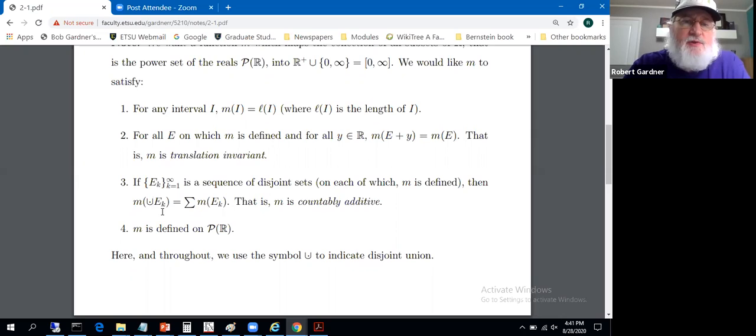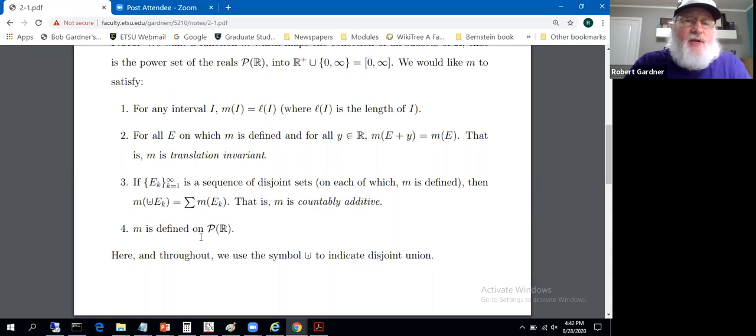Isn't that the word used in the probability setting? If we have a union of mutually exclusive events, then the probability of the union is the sum of the probabilities. Same idea. Not a coincidence that the probability stuff tends to overlap with the measure stuff.